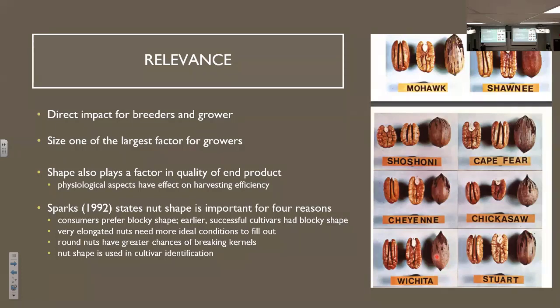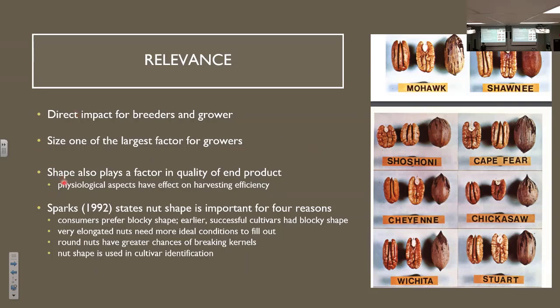We see ranges from more oblong or blocky shapes like Wichita to very spherical shapes like Shoshone. These affect harvesting efficiency, which Gerald Sparks mentions in his book published in 1992, where he stated some important reasons why nut shape is important in pecan.